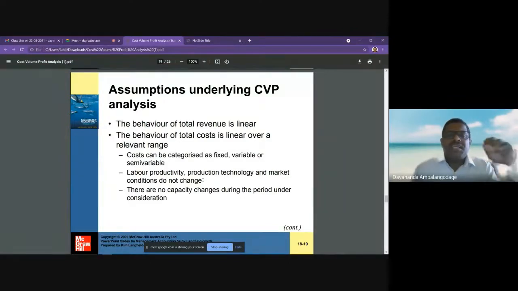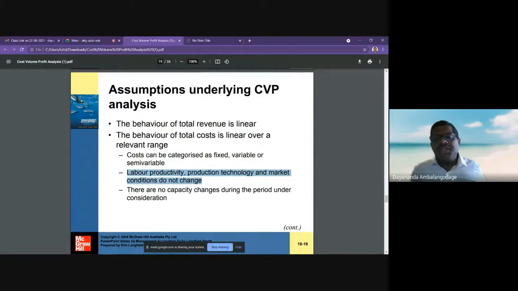Labor productivity may increase or decrease, production technology you may advance or remove, and market conditions, nature of competition, customers' expectations and competitors' strategies all change. But since this is a short-term period, we assume that all other environmental factors, both internal and external, whether market, economic, technology, labor or other resources related, do not change.